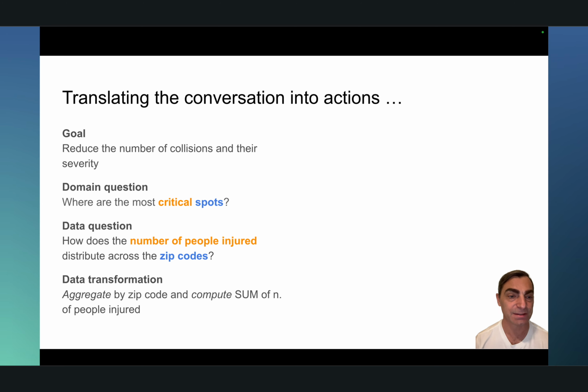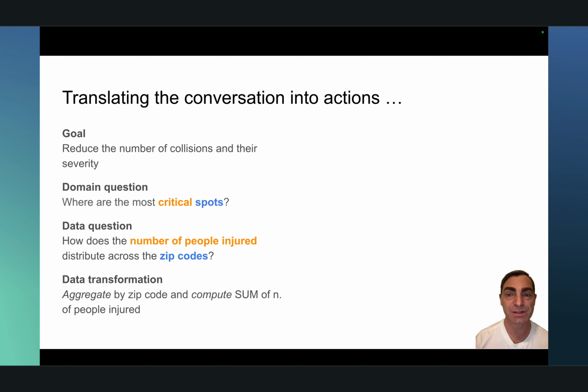So what do we need next? Well, we need data transformation. We need to aggregate the collisions by zip code and compute the sum of the number of people injured so that we have the total number of people injured in every single zip code, which is exactly an answer to the data question. How does the number of people injured distribute across the zip codes? And it's one possible interpretation of the domain question, where are the most critical spots?